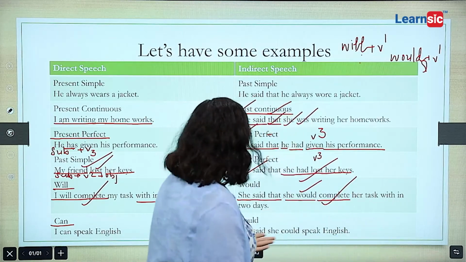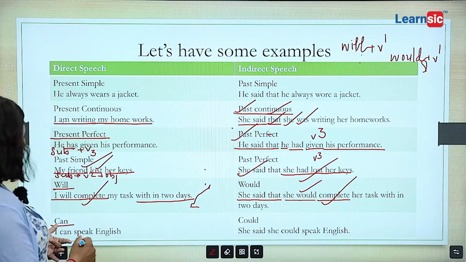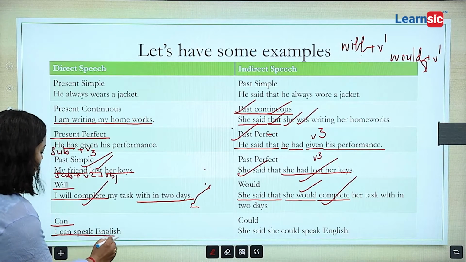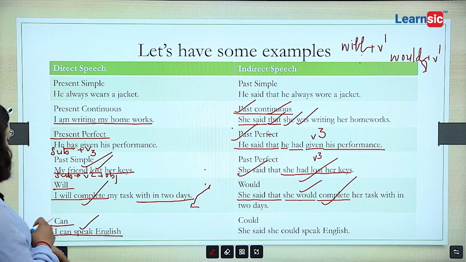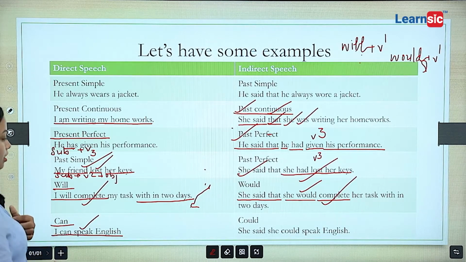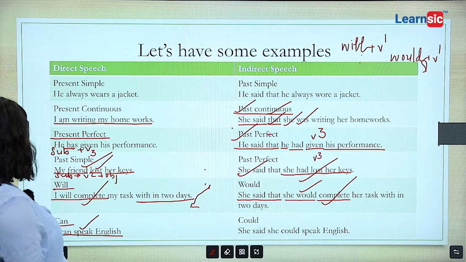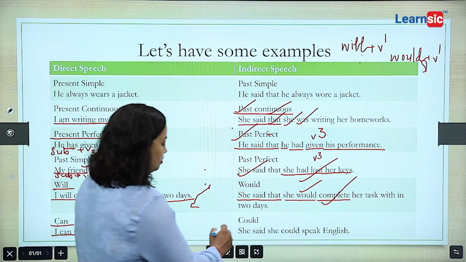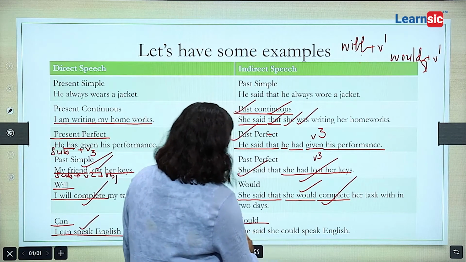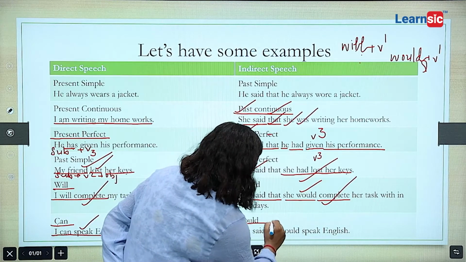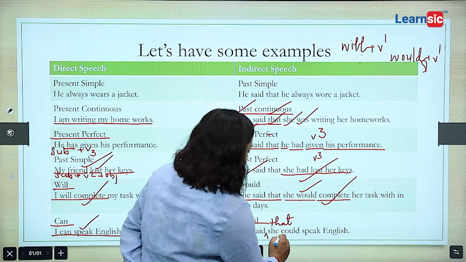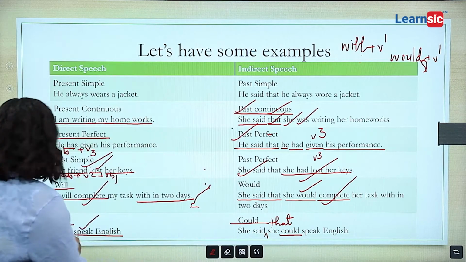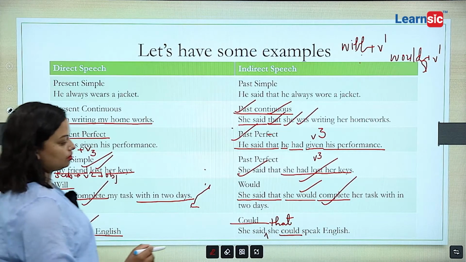So basically, in terms of "I can speak English", we are not watching its verb form. We are not going to watch this here. This is can. It is a modal verb. So she said that she could. Now can changed into could.